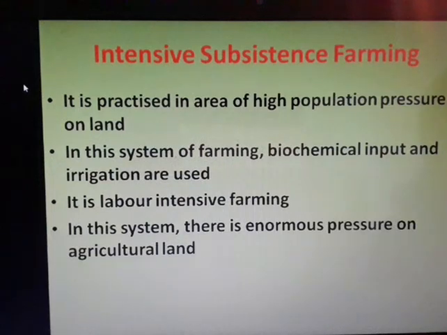So the land holding size becomes uneconomical or too small. The farmers continue to take maximum output from limited land in the absence of other job opportunities. These are the characteristics of intensive subsistence farming.